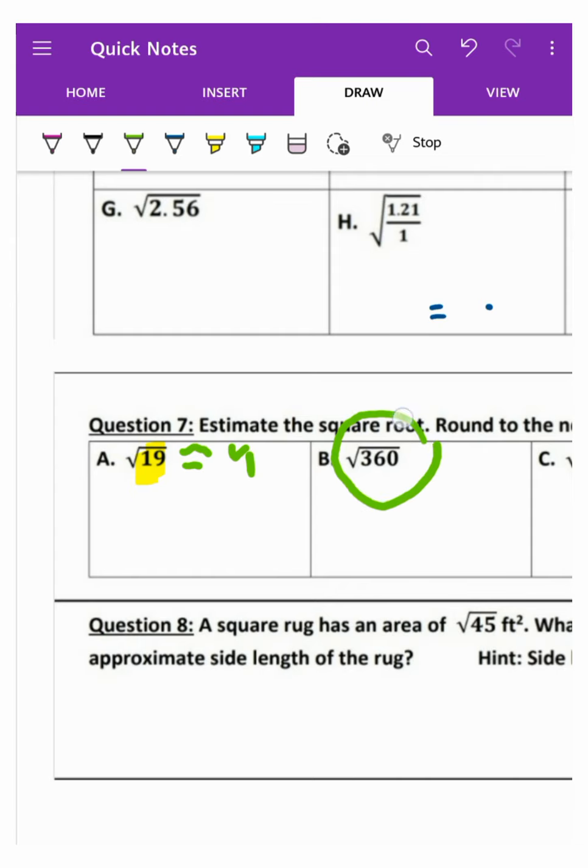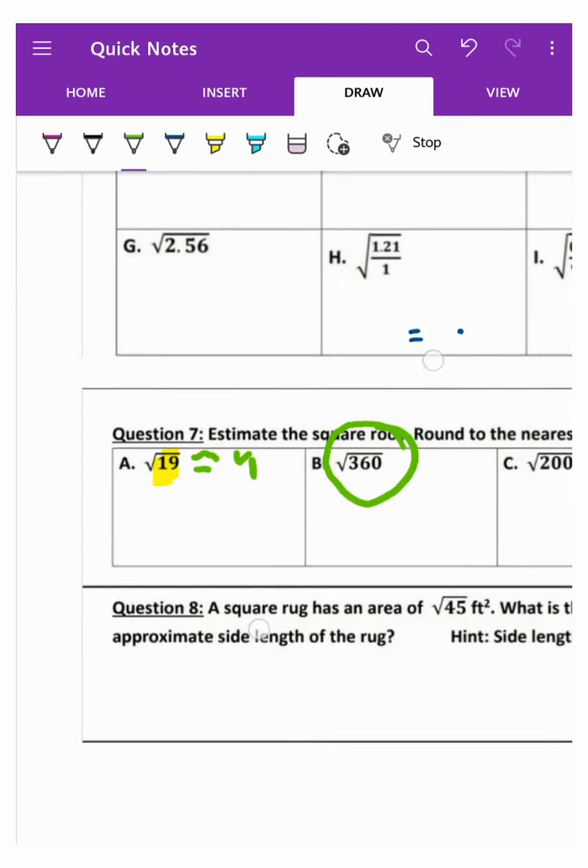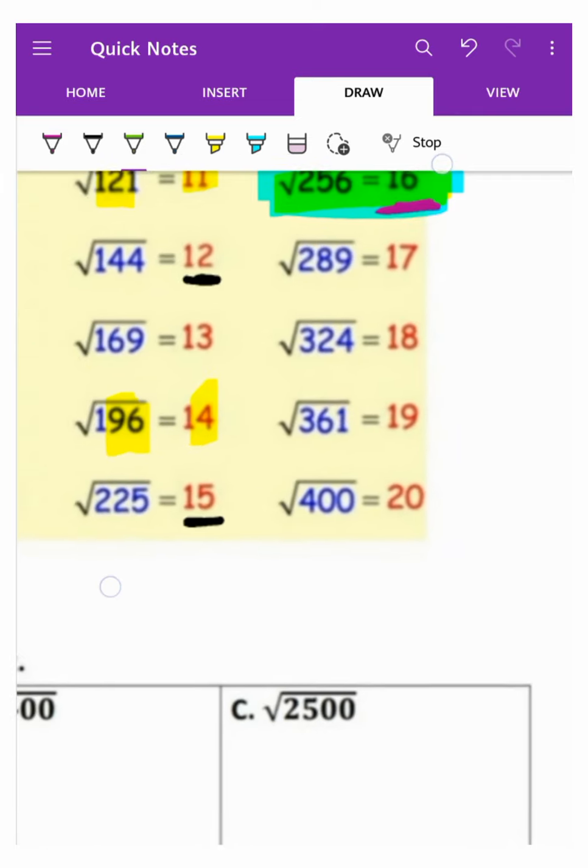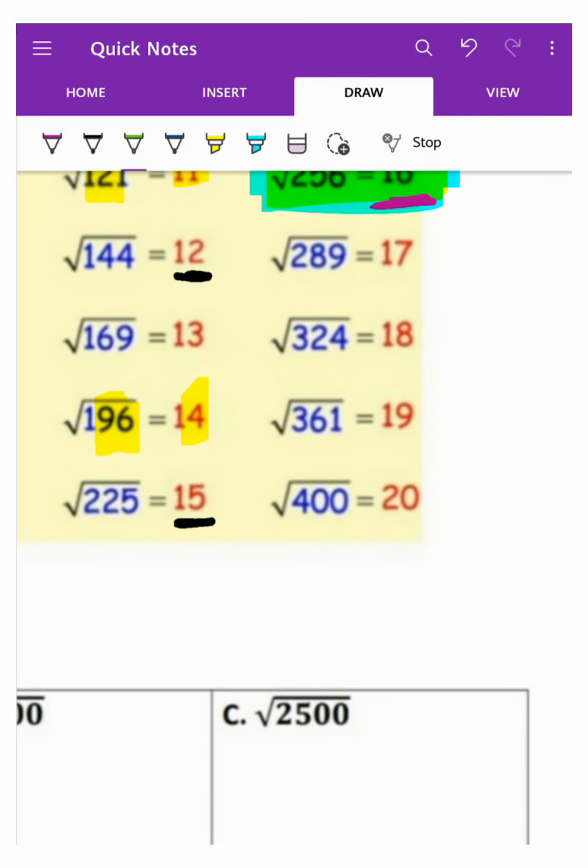What about this number, 360? Go here and see the 360. As you know, it is not a perfect square, but you can find its location between 324 and 361. You need double zero inside the square root to write it, as we learned before.